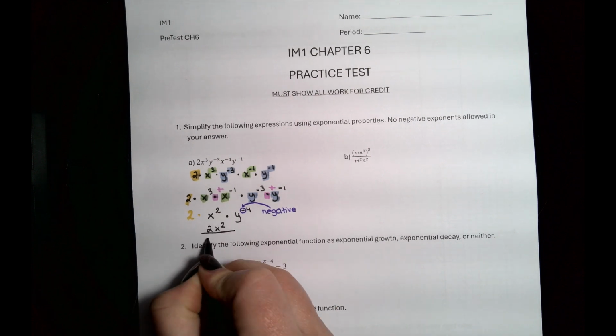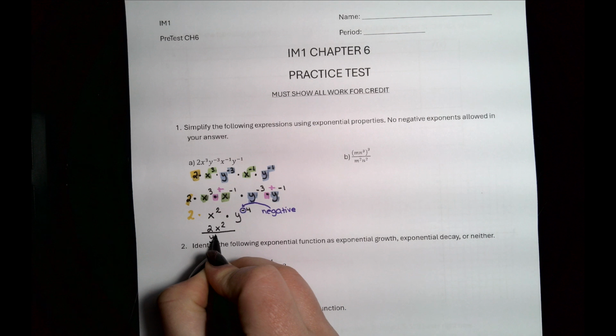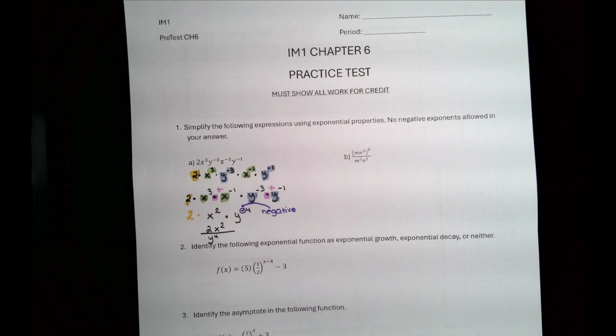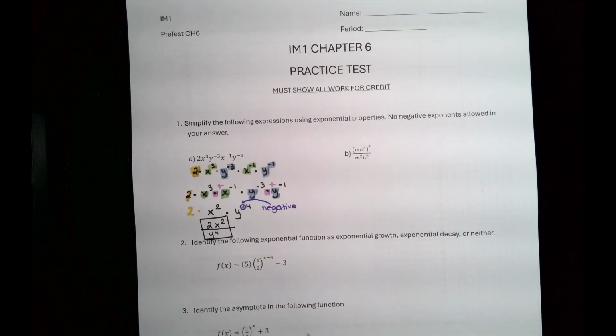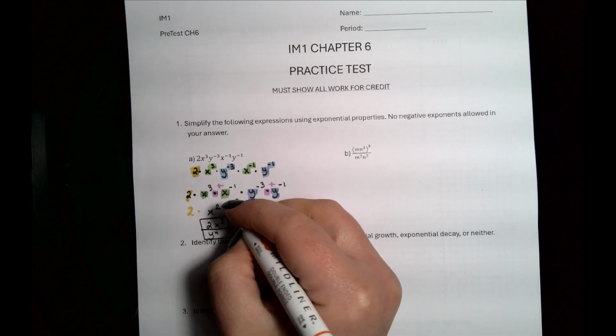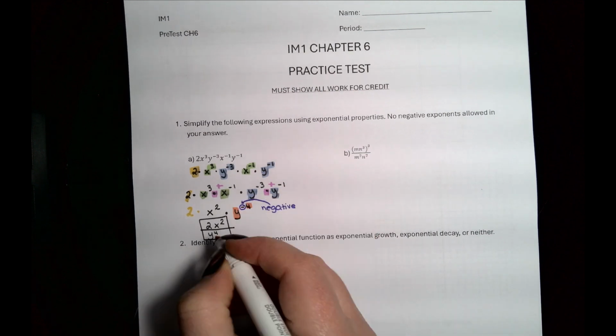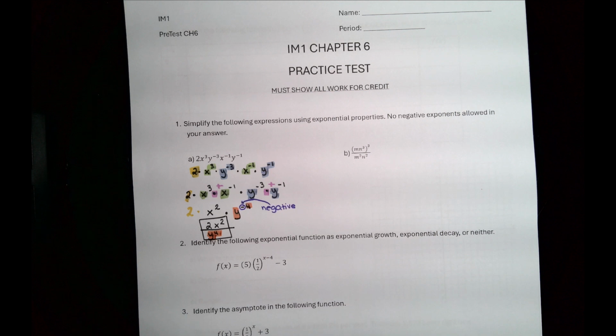And I'm going to take this y, take the 4 without the negative, and I'm going to place it in the denominator. This is our answer. Okay, so again, be careful with that. We're going to take this y, this 4, and we're going to put it on the bottom because we had that negative exponent.